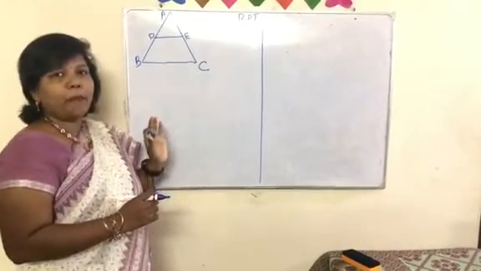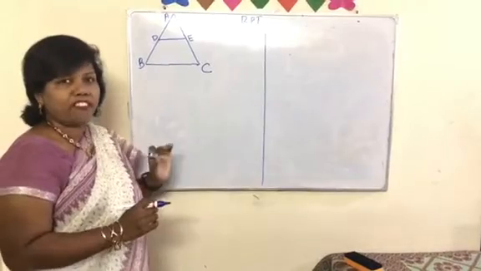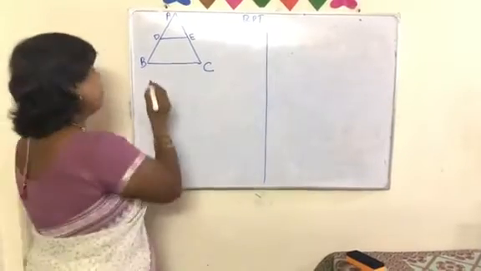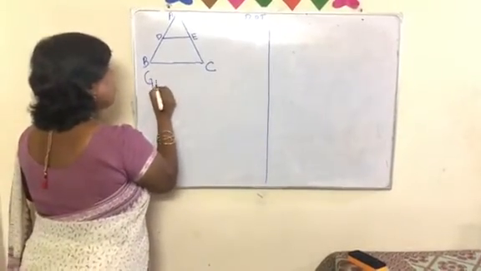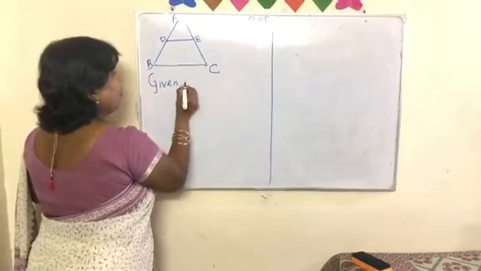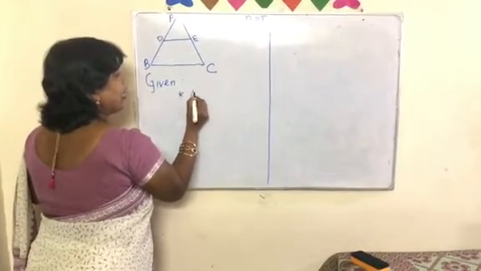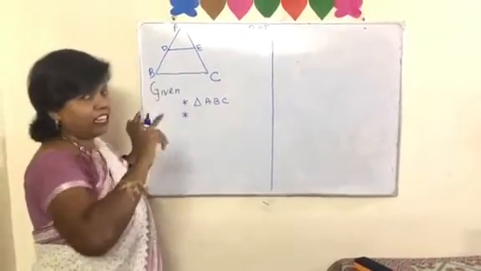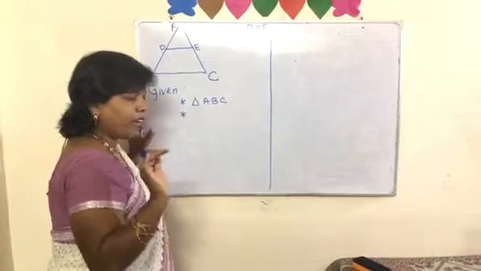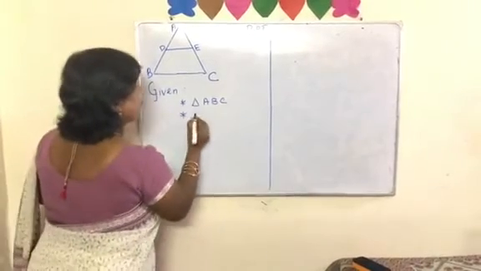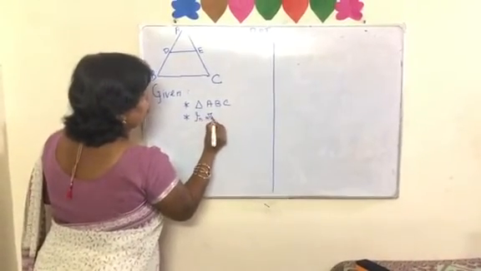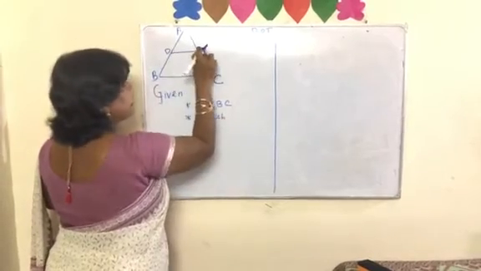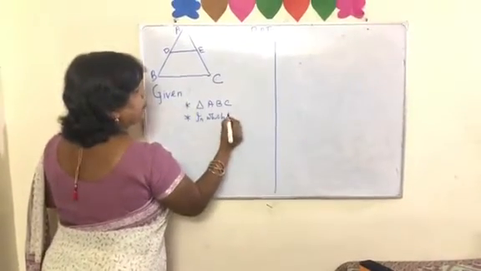Now, this is the given part. I am going to write the given part in three points. The first given point: triangle ABC. The second: DE is parallel to BC.